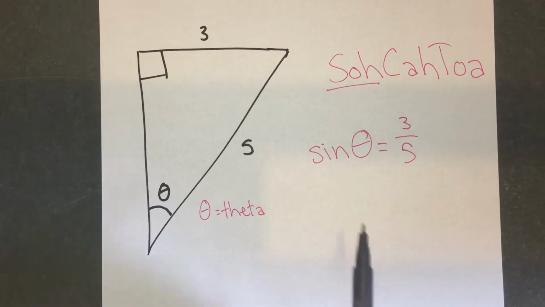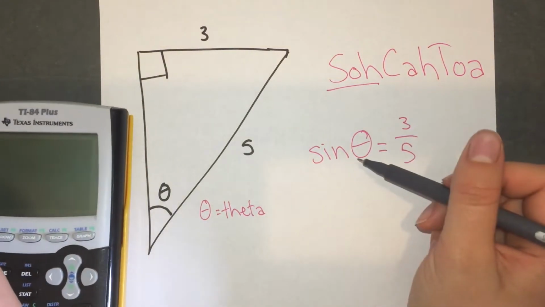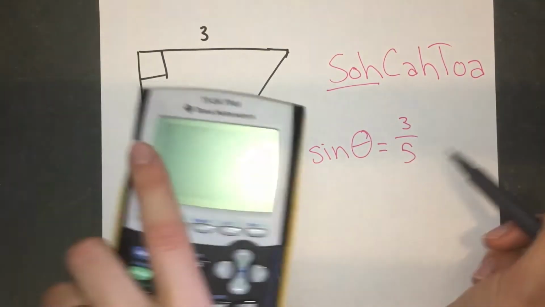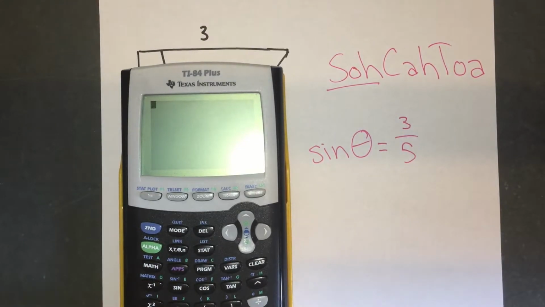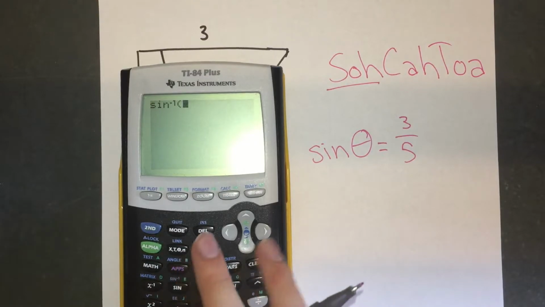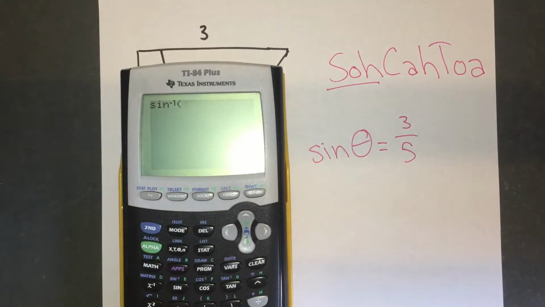Now, in order to find an angle, you have to undo the sine. You can't really divide the sine by the 5. So what you need to do is the inverse sine, which would be second and sine, and that would be sine to the -1. And then you'd put 3 divided by 5.